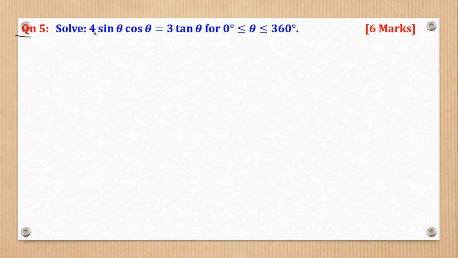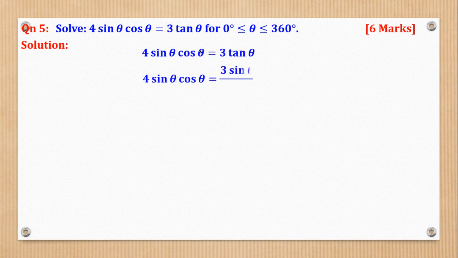Question 5 says, solve this for values of theta ranging from 0 to 360 degrees. So given that, we shall change this in terms of sine and cos. Then we can cross multiply, take this side to give this. Now from here, the mistake students do is to cancel here. So in trigonometry, we don't cancel ratios.